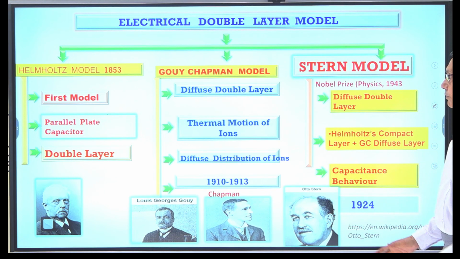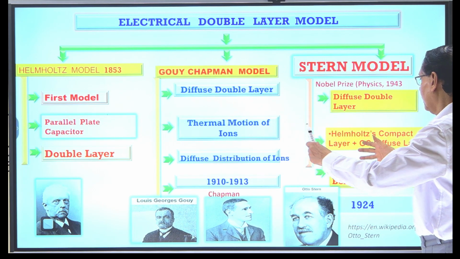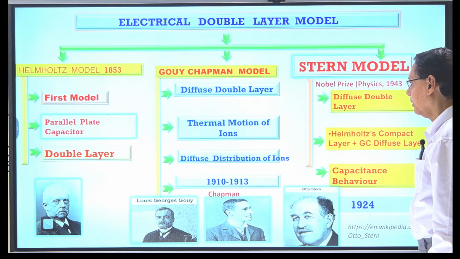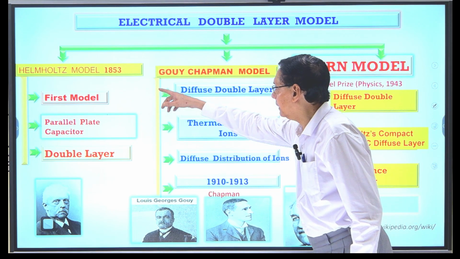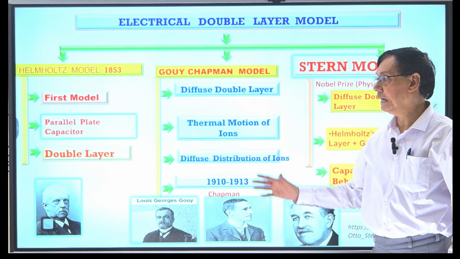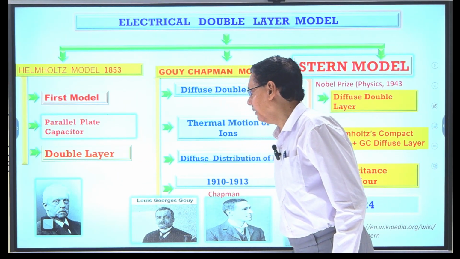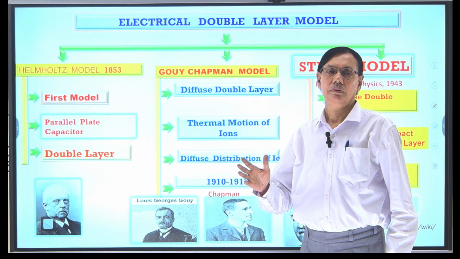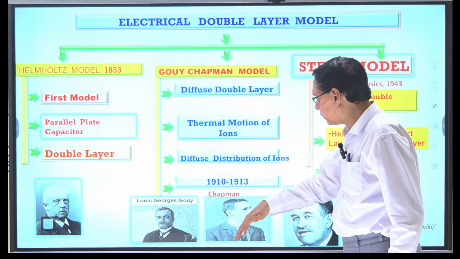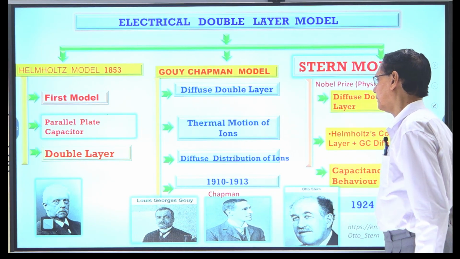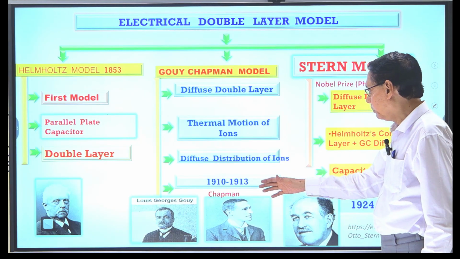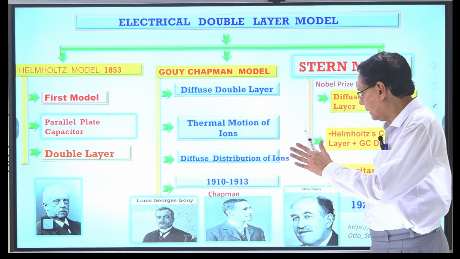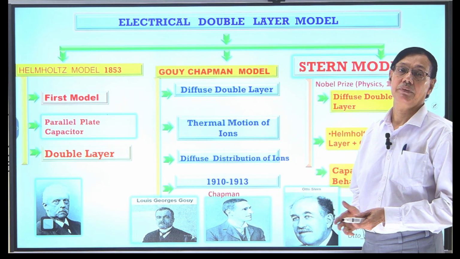And if you see this whole historical development, it was started in 1853 by great scientist Helmholtz, and there were some problems, and that problem was solved by another two great scientists, Gouy and Chapman, in between 1910 to 1913, because they separately published two papers.